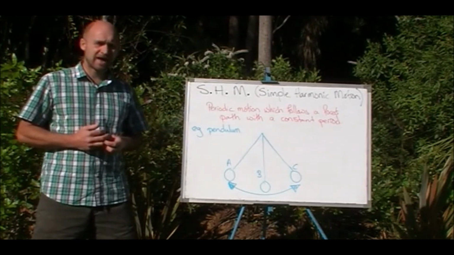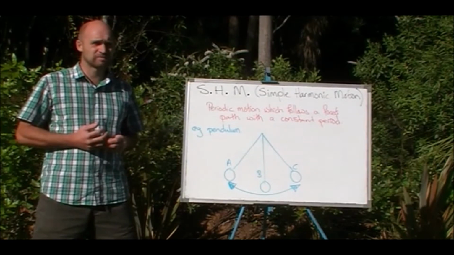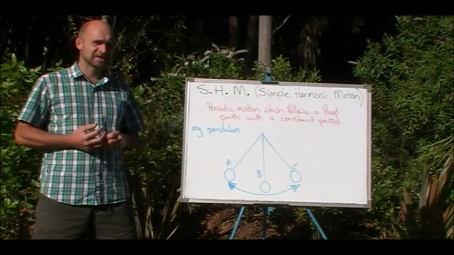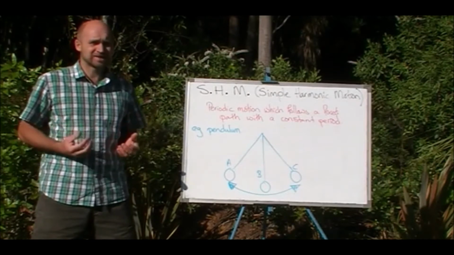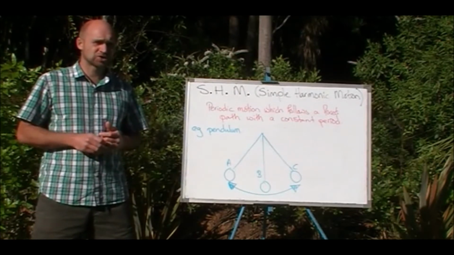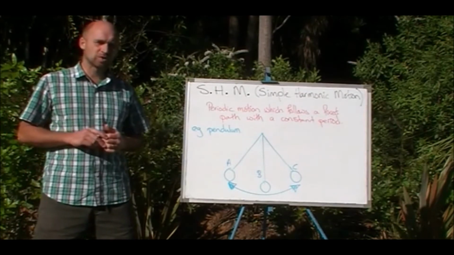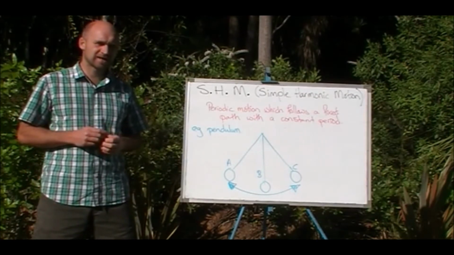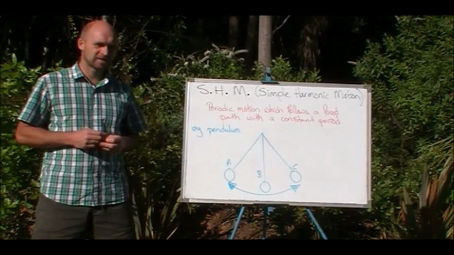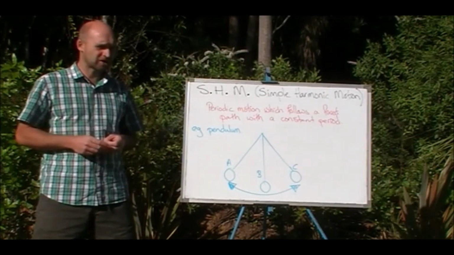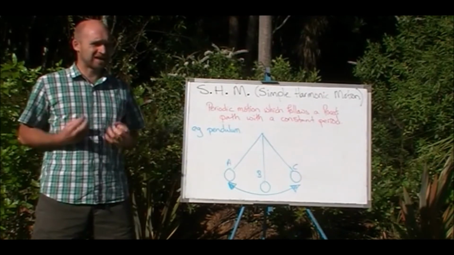Velocity being how fast is that pendulum bob moving. And acceleration being how great is the acceleration of the pendulum bob. And each time thinking about those as a vector quantity, so giving them a size and a direction at A, B, and C. Maybe have a go at writing that down if you can.